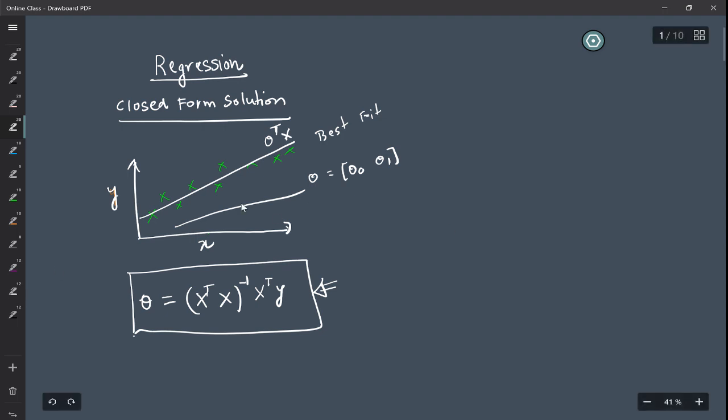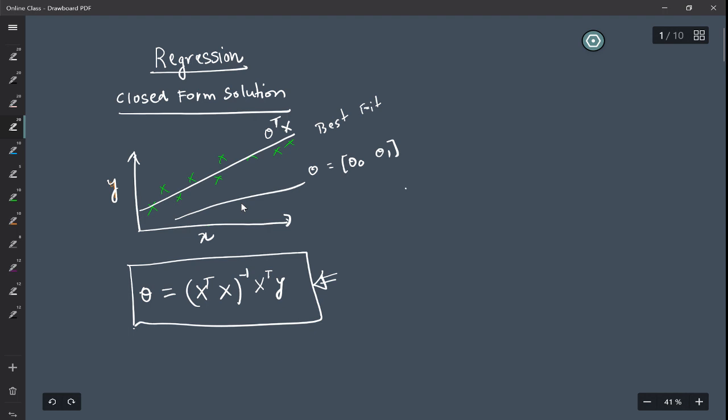So let us think of this data set as a matrix. This matrix is also called a design matrix. X is a matrix which contains m training points, and each training point has n features. So m represents the number of examples and n represents the number of features.